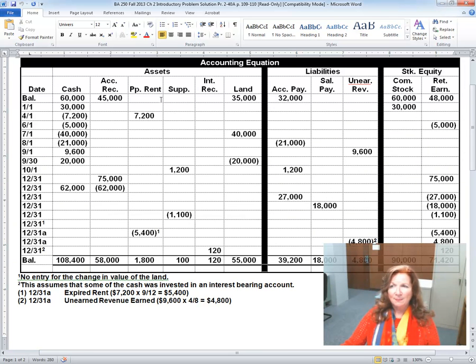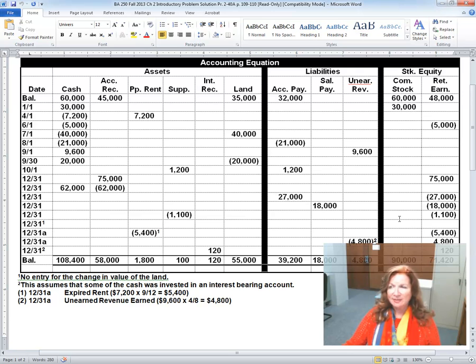I had zero beginning balance in supplies, plus $1,200 that I acquired during the year. So zero beginning balance plus the purchases of $1,200 gives me $1,200 available. At the end, I had $100 left over in supplies, so I must have used the other $1,100.